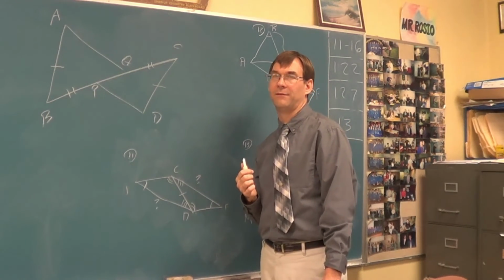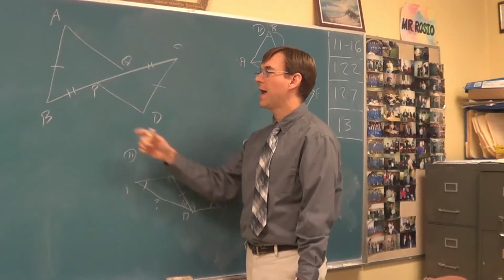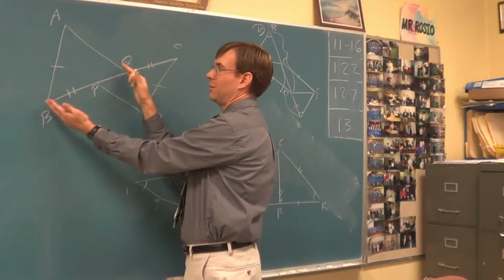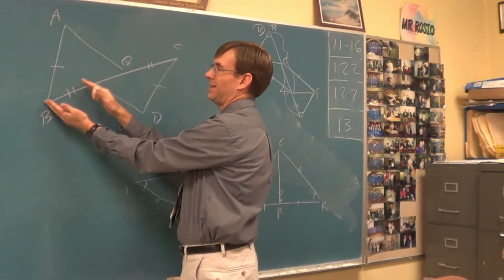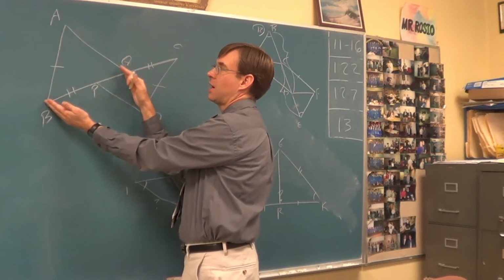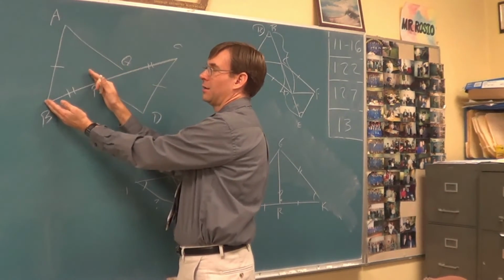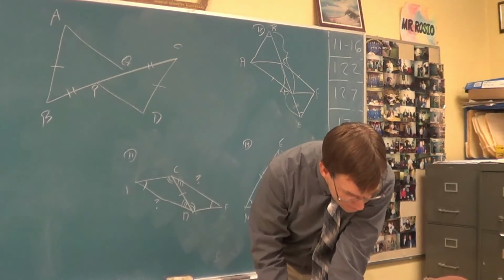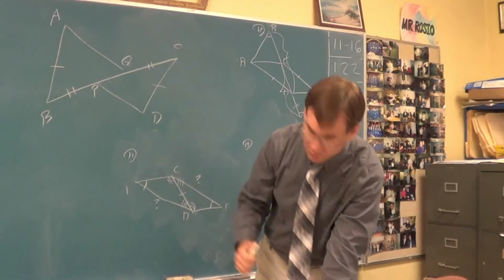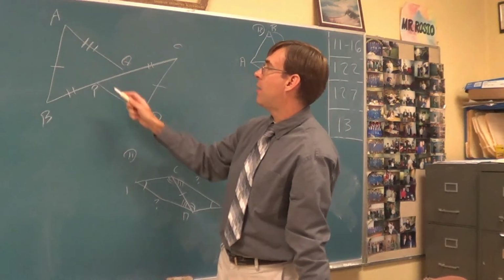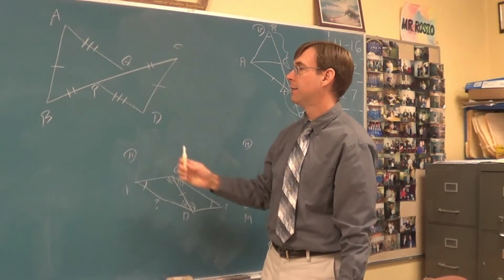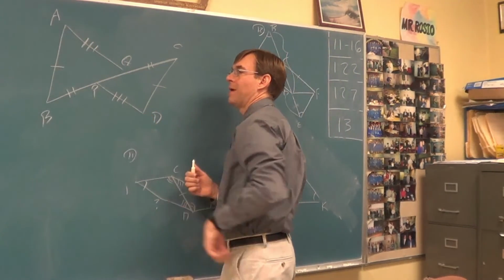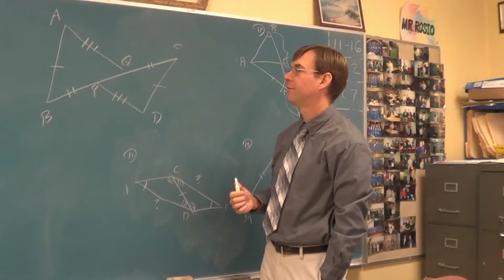No. Why am I not happy about BP? It's not the whole side of the triangle. It's like a half side. BP is not the full length of the triangle, so my count is like 1.5. AQ equals DP. Am I happy about AQ and DP? Yeah, those are full sides of triangles. So my count's at like 2.5.